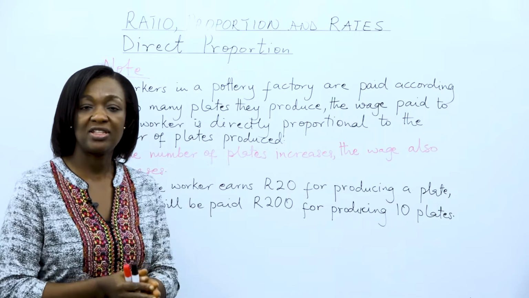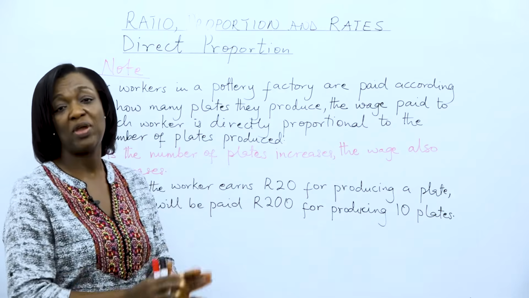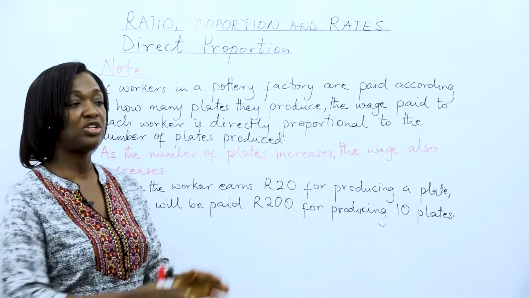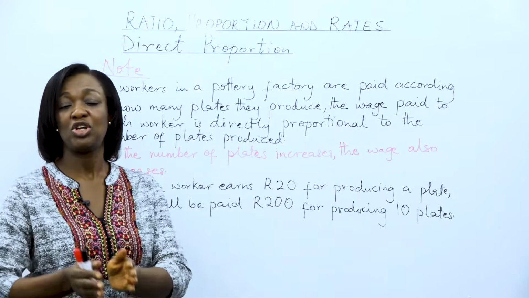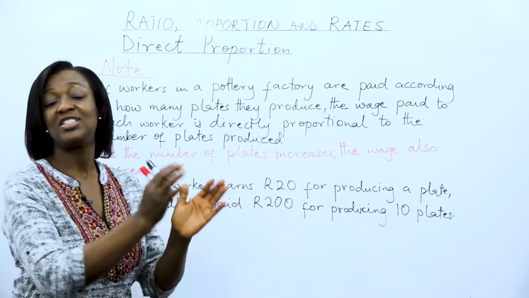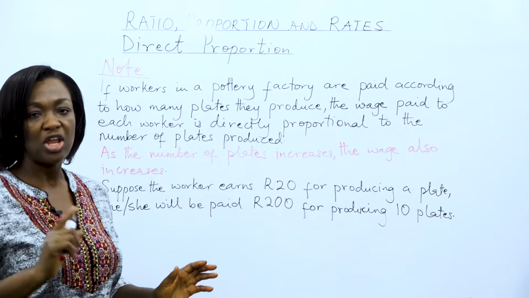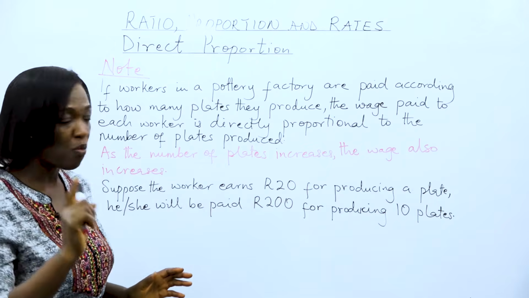So we're saying that if the worker produces only 1 plate, he gets paid for 1. If he produces 2, you multiply how much he or she was paid for 1 by 2 to get the pay. If he produces 10, you just multiply by that figure how much he or she is paid for 1.